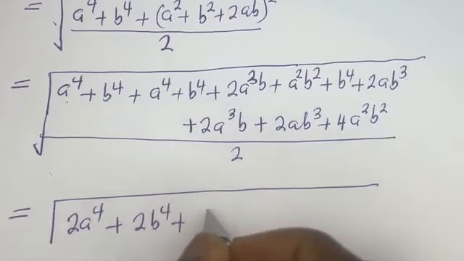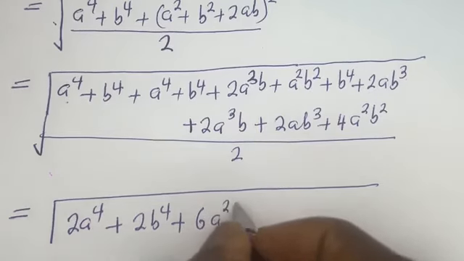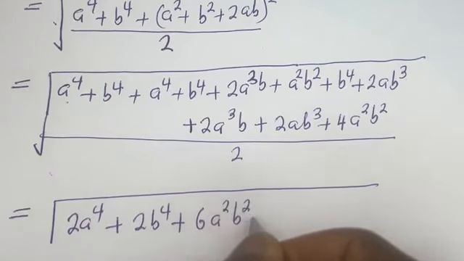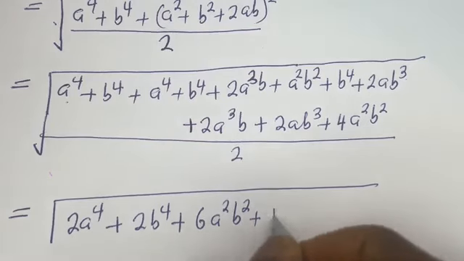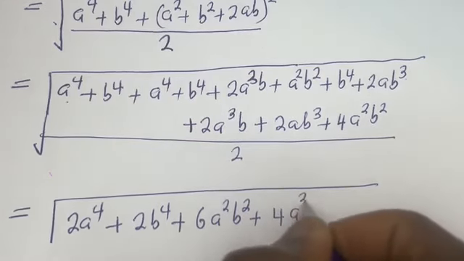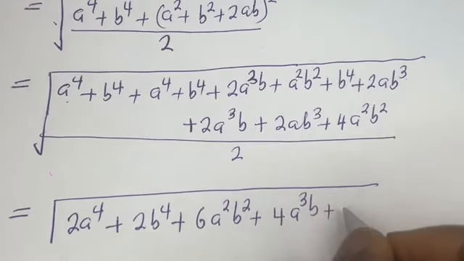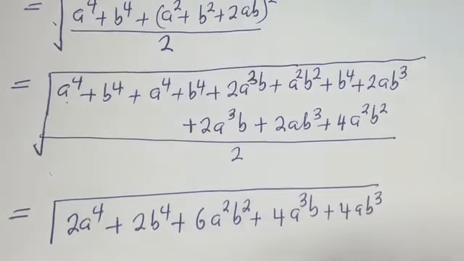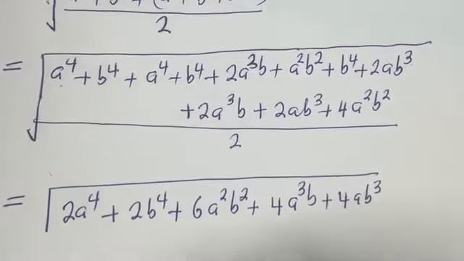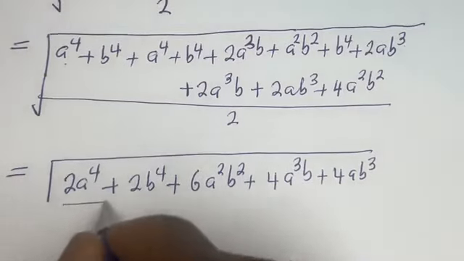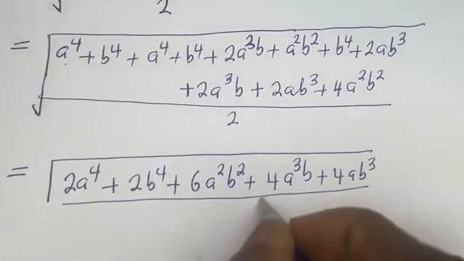Then plus 6A square B square plus 4A to the power of 3 B plus 4AB to the power of 3, then everything divided by 2.